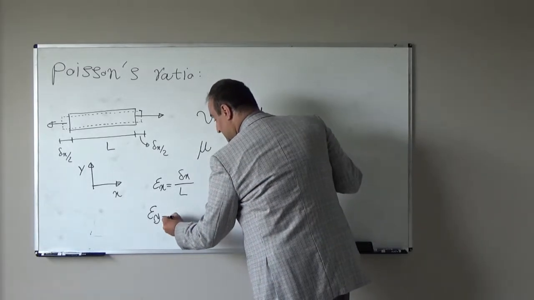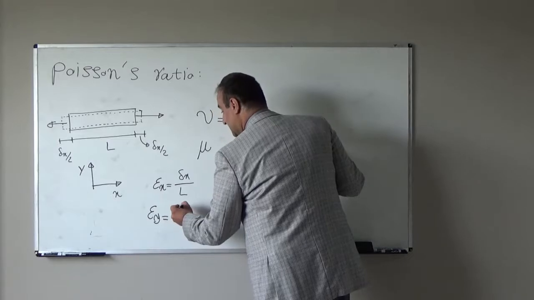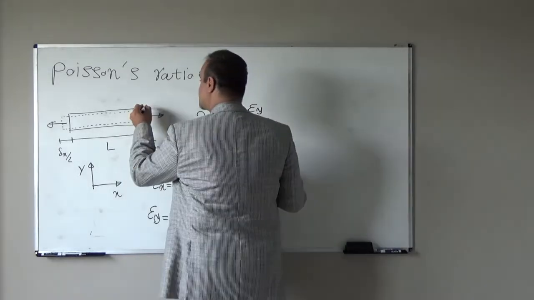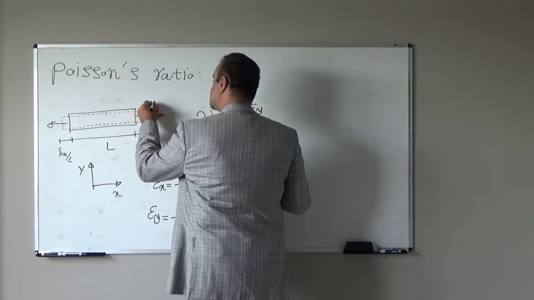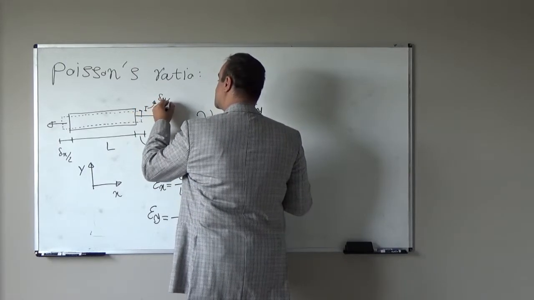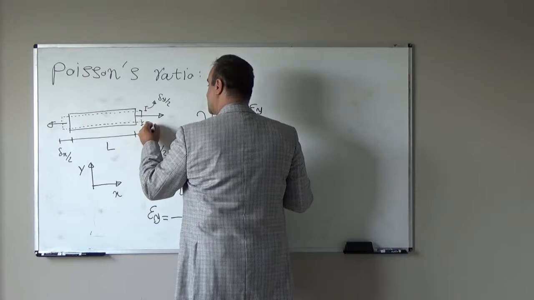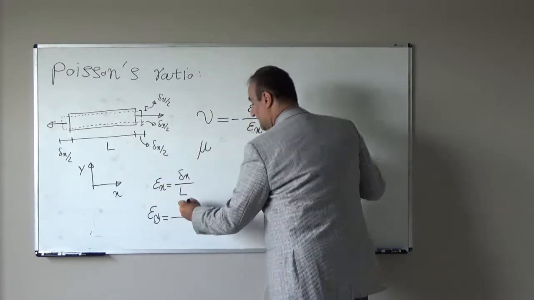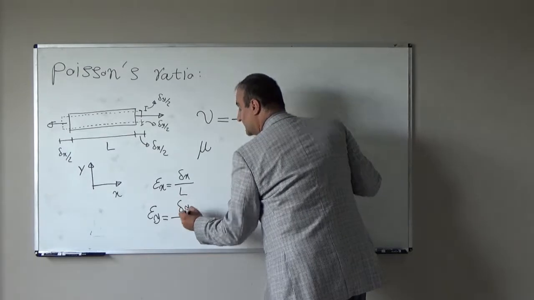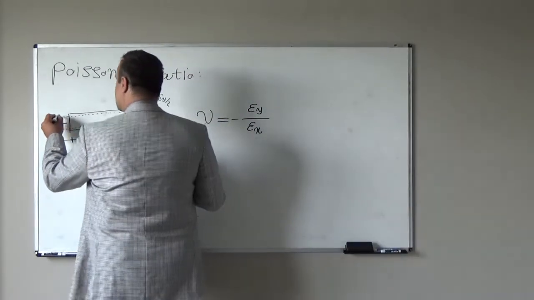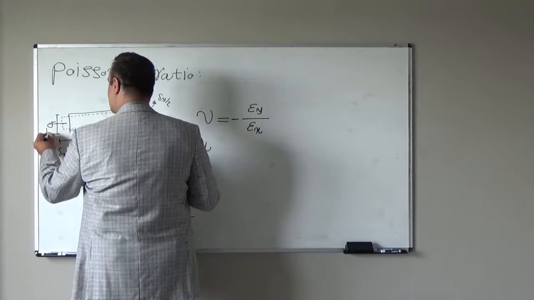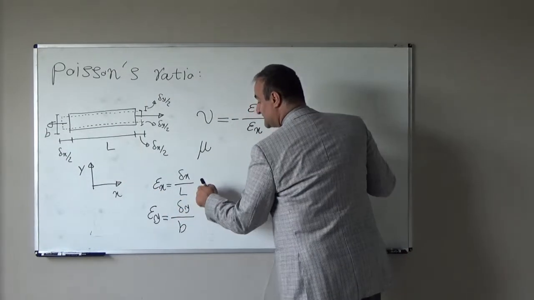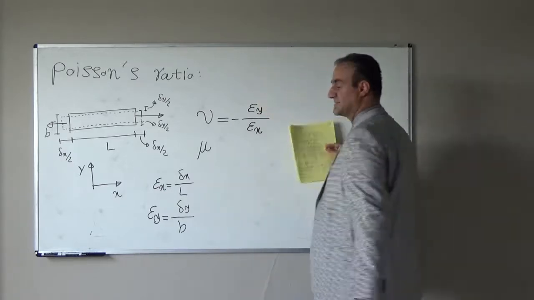The strain is the deformation in the lateral direction from each side, delta y over 2, delta y over 2. So the total deformation is delta y. If the thickness I show with b, it will be delta y over b.